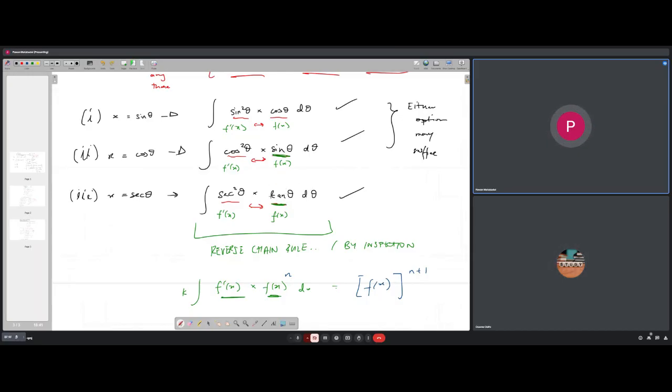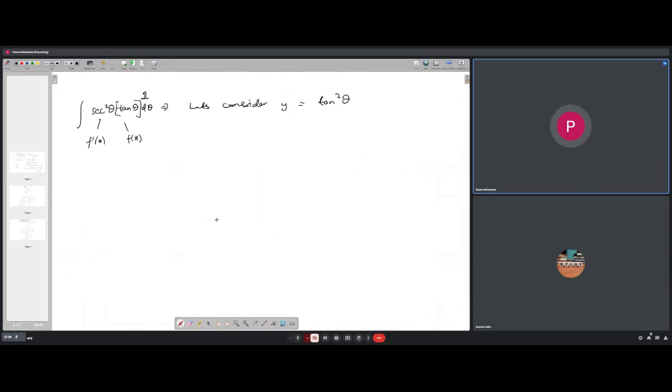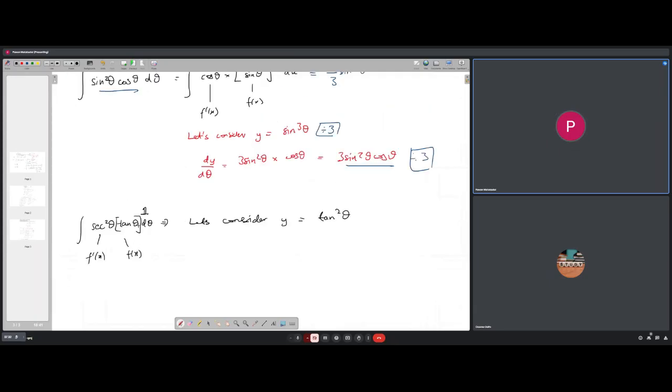So you always consider one power higher when you've got the derivative multiplied by the actual function. When you've got those two things multiplied with each other and you're integrating, then you have to consider one power higher of the original function. That's how this works. Okay? So if we consider tan squared theta, let's try and differentiate it.